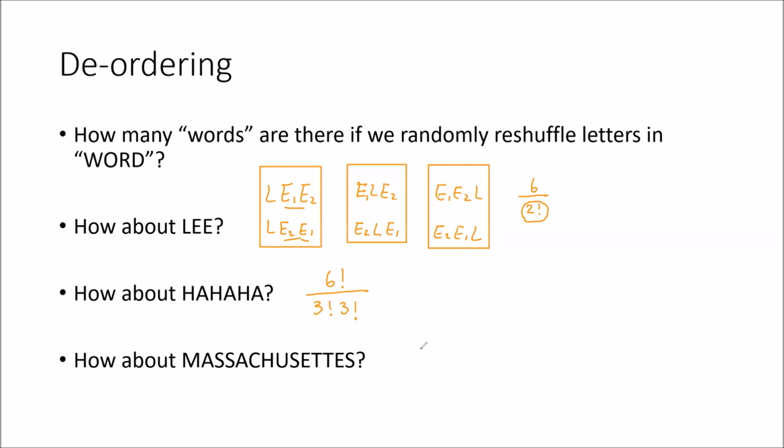And then for Massachusetts, it's very easy. You count how many letters there are in total. So we have 14 letters, right? 14 factorial. And then you divide by the number of ways of ordering those same letters, assuming them to be different, right? You need to deorder them.